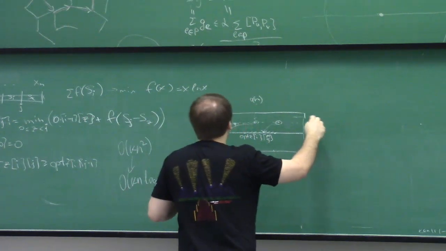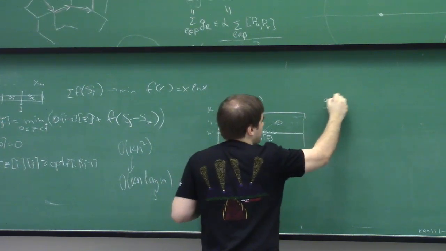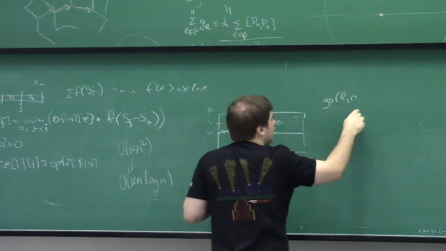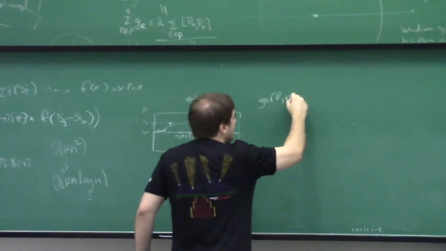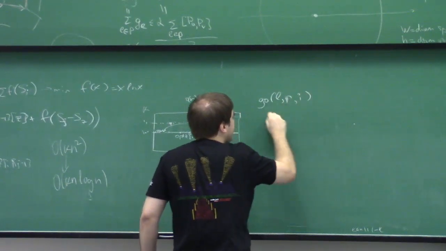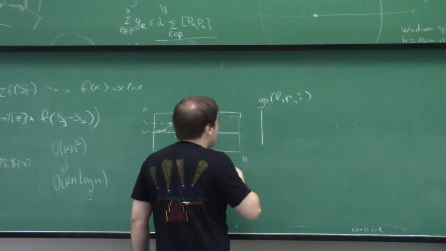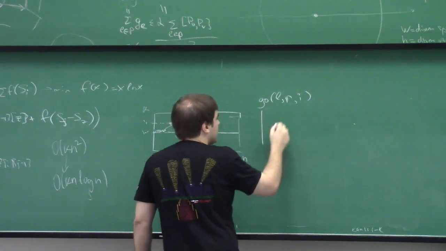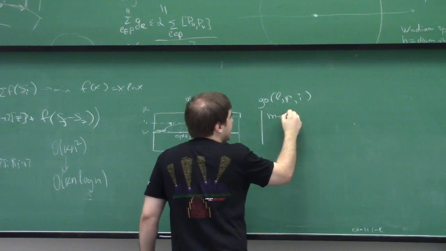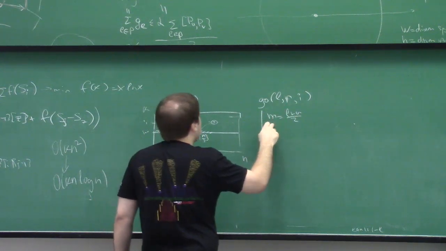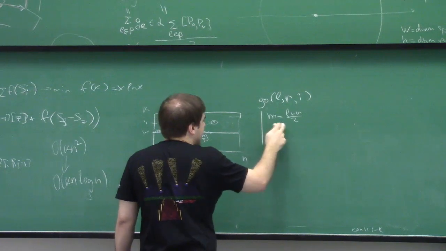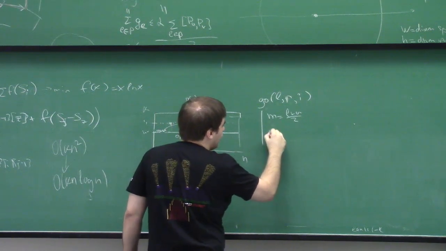If we have a procedure that calculates the value of dp for all elements between L and R on the layer of i, we may do the following. We first start with calculating the middle of L and R. We calculate dp of i and M using the following formula.